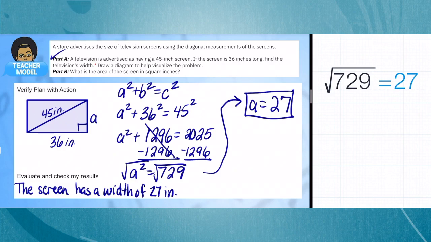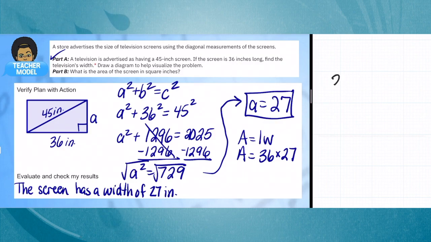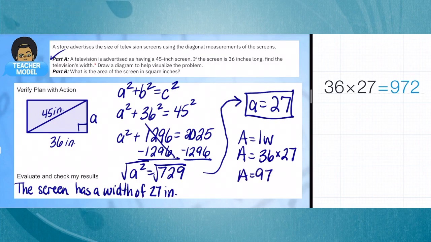Now we're going to use this information to find the area of the TV. The area of a rectangle is length times width. We know our length is 36 and our width is 27. 36 times 27 on my calculator is equal to 972.